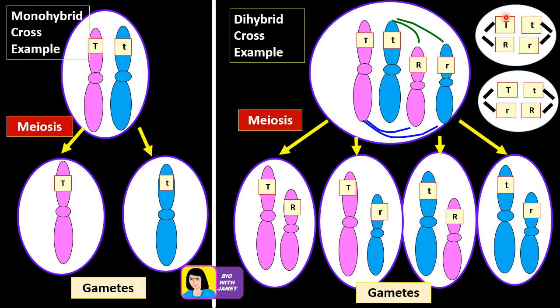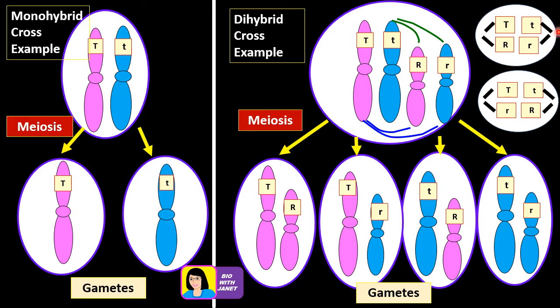So in metaphase 1 of meiosis, there's one possibility that the chromosome carrying big T, this one, the pink chromosome, faces the same pole as the chromosome carrying big R. Whereas on the other side, the chromosome carrying small t, the long blue one, and the chromosome carrying small r, the short blue one, are facing the same pole.